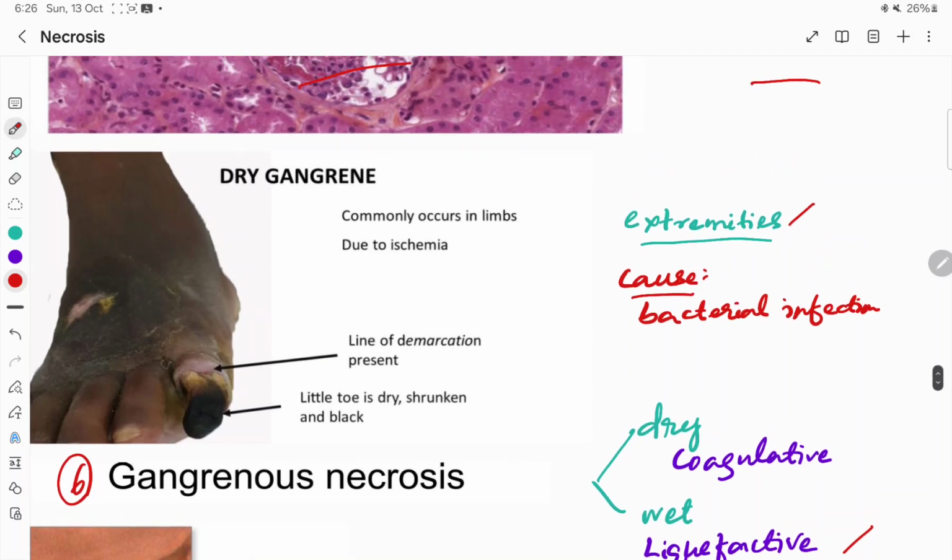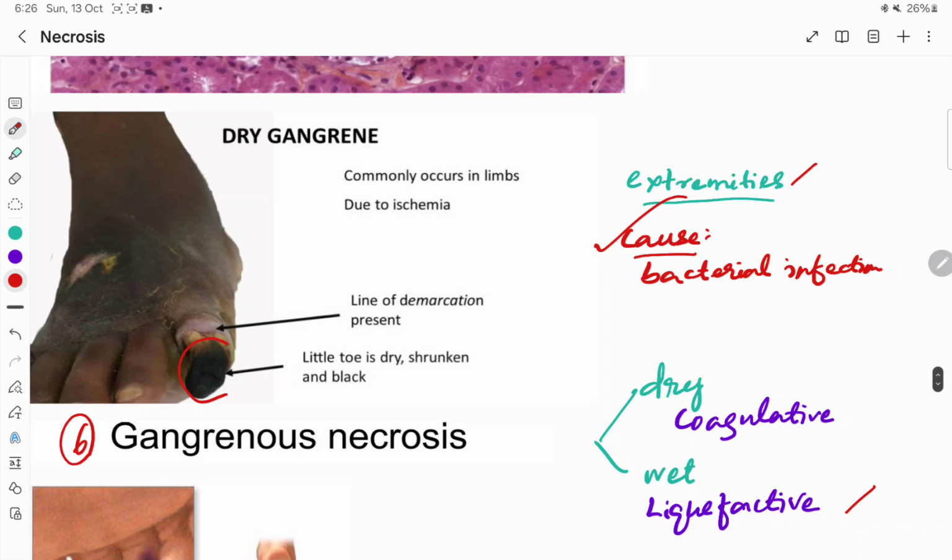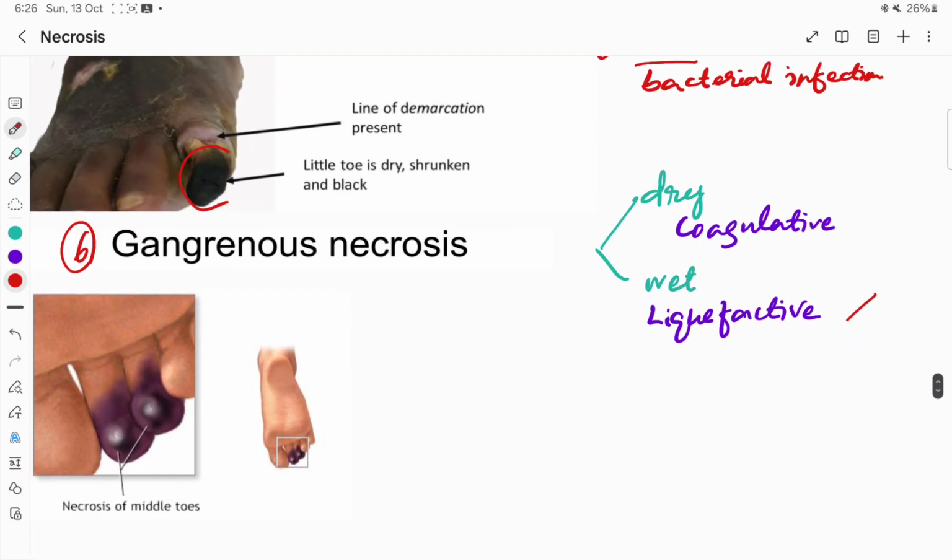So this is a dry or solid gangrene in this little toe, and you can see the black color appearance, shrunken, dry and black, and mostly it is caused by bacterial infections. This gangrene occurs due to loss of blood supply due to ischemia, and you can see here this is the normal one and this is the gangrene one.